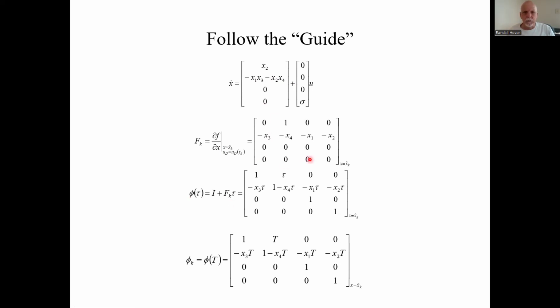It's basically this matrix multiplied by a tau, and then add ones along the diagonal. It's easy enough. And then the phi at each time step is this guy replacing every tau with capital T, which is your time step between measurement samples. Everywhere there's an X in here, you're actually going to calculate it at your current estimate.